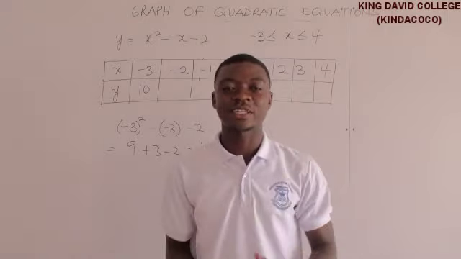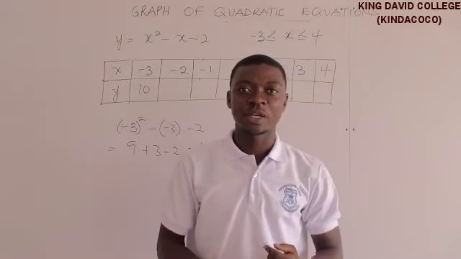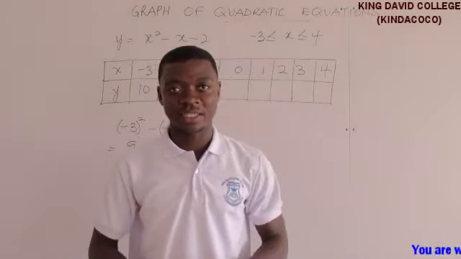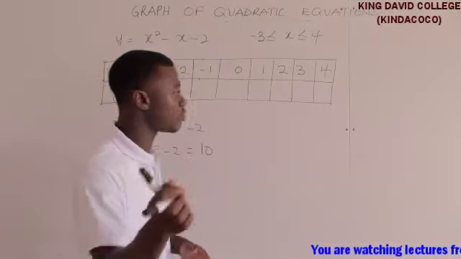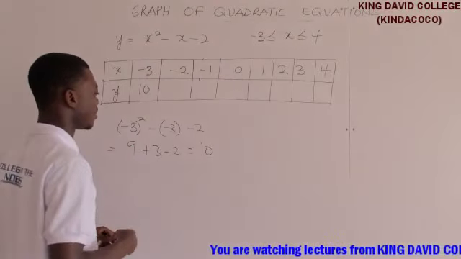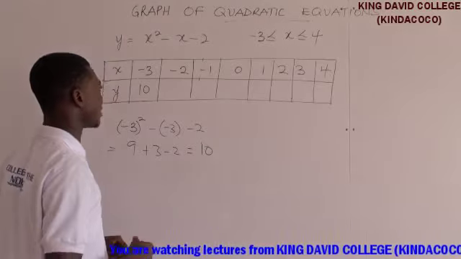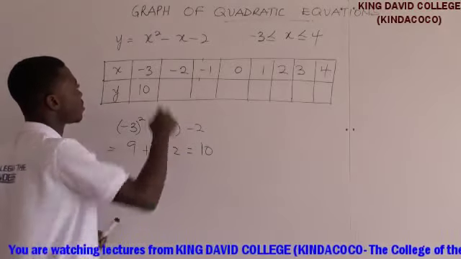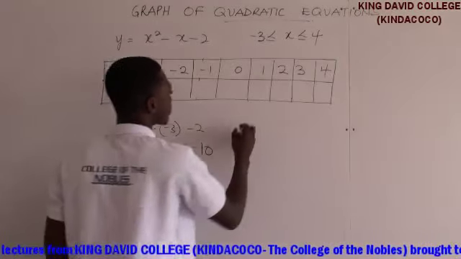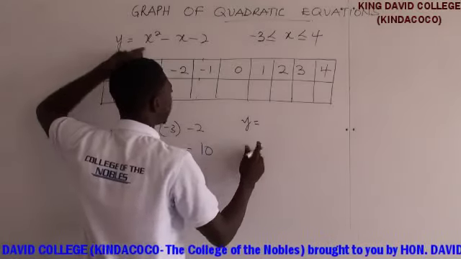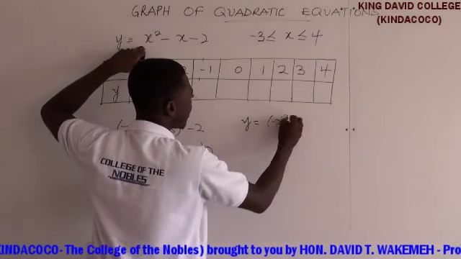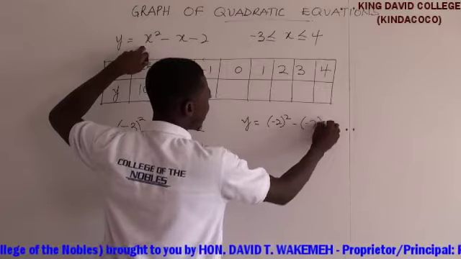Then the rest you can just fill in the table, even using your calculator. Very simple, but you must at least show some level of working before you go there. So for this -2, when you put that in, my y there is going to be what? -2 squared minus -2 minus 2.